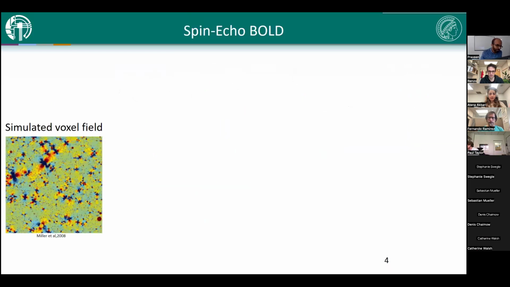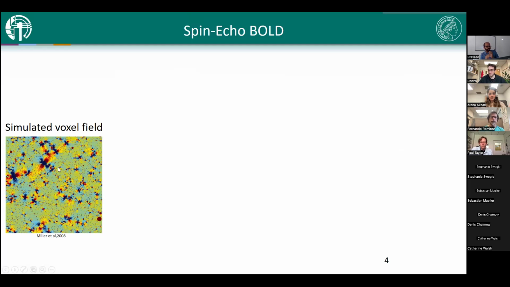So to start with, let's see what spin echo BOLD is, how it's different from gradient echo. So here you have a single voxel, which is a simulated voxel, which has a lot of different micro and macrovasculature.